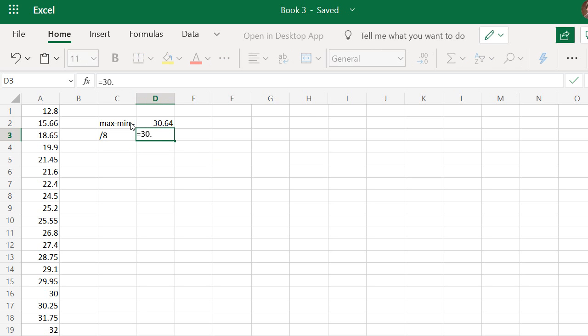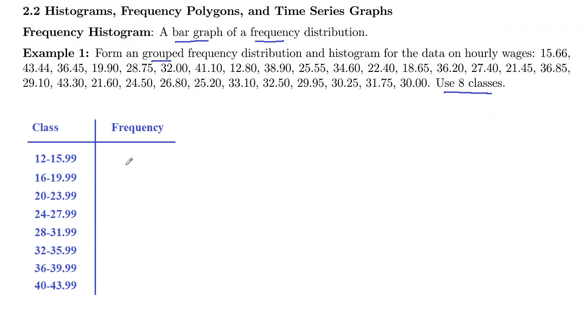So 30.64 divided by 8 is 3.83. I'm going to round that up to 4. That's going to be the width of our classes, and 4 times 8 would be 32, and our spread is only 30.64. So I took a whole number slightly less than 12.8, which is 12, as my starting point.